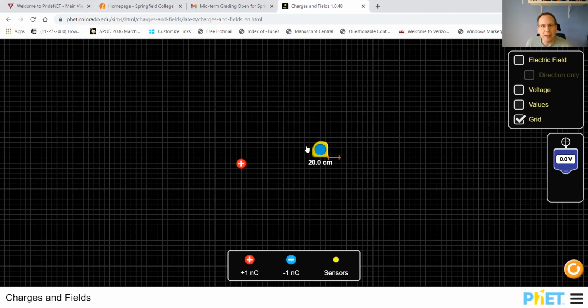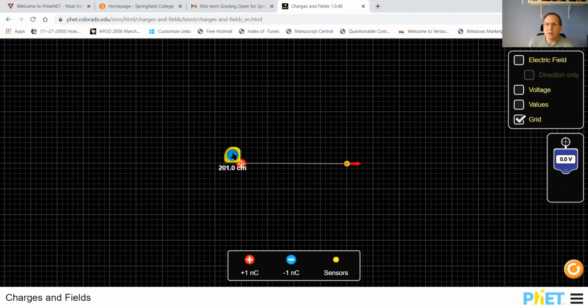You could use a tape measure here, put it at the charge in the center, and measure out 2 meters, if you want to go to 2, 0. But 2 of these large grid lines represents 1 meter, right? 100 centimeters. So we actually want to go to right here. It may not be exact, but as long as you're close, that'll be good enough. So you're going to put a sensor at that location.